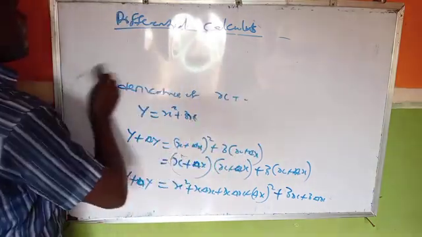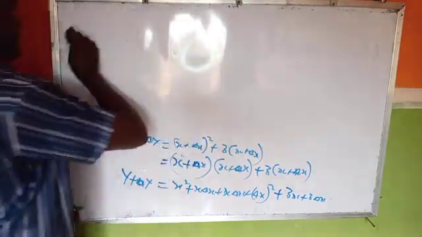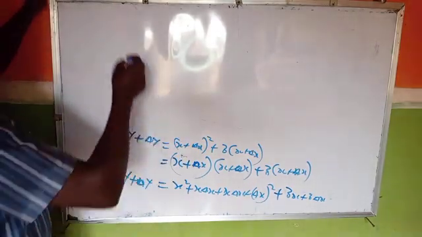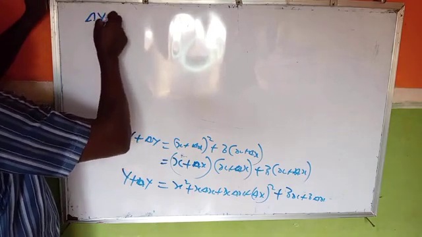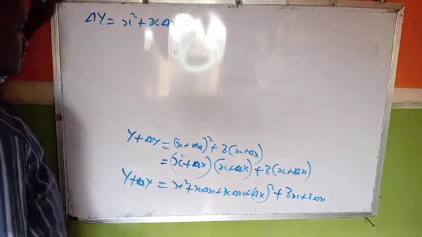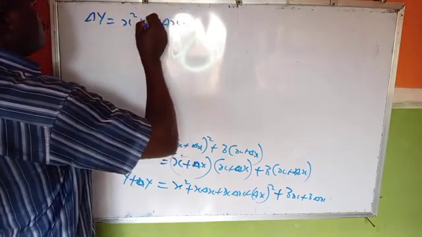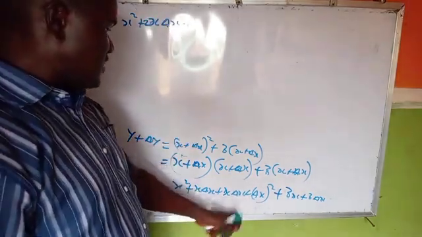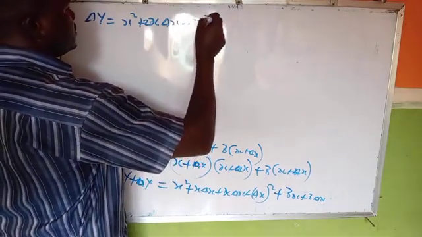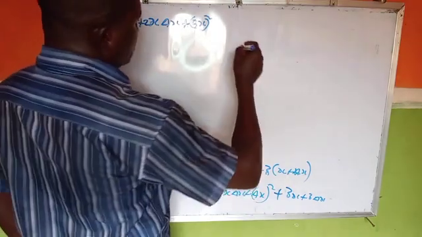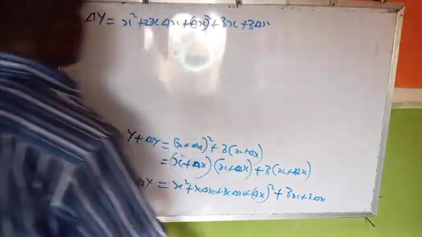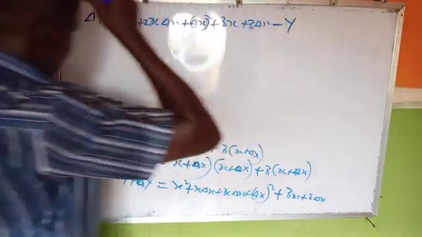Now what you have here again is you subtract y from both sides. So change in y equals x squared plus x change in x plus x change in x, that's 2x change in x, plus change in x squared, plus 3x plus 3 change in x, then minus y.